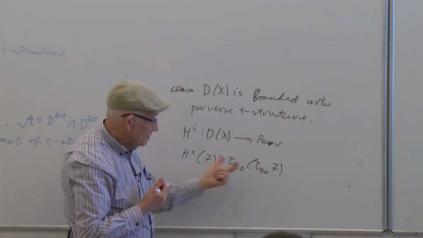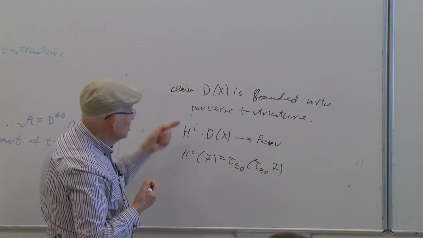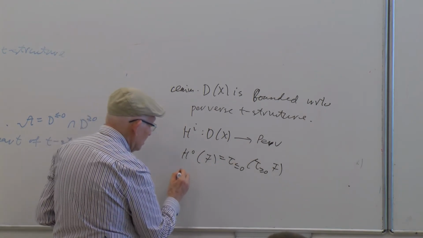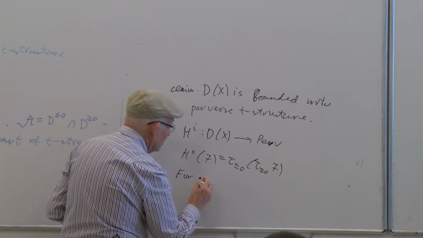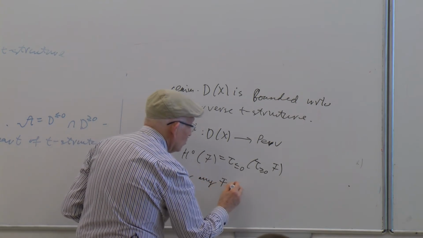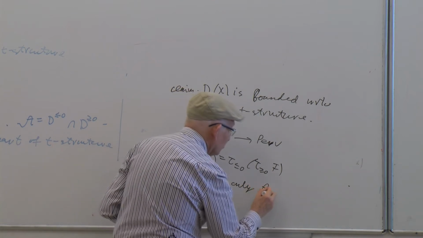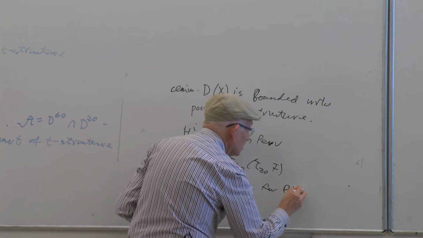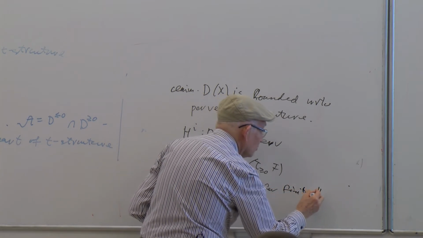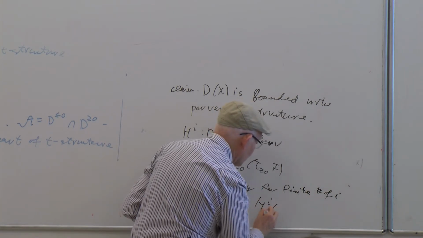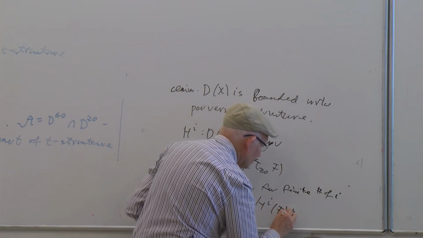And then you get the others by shift. And bounded means that for any f, only for a finite number of i's, H^i of f is not equal to 0.